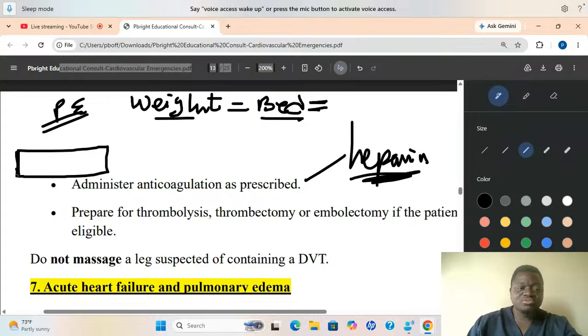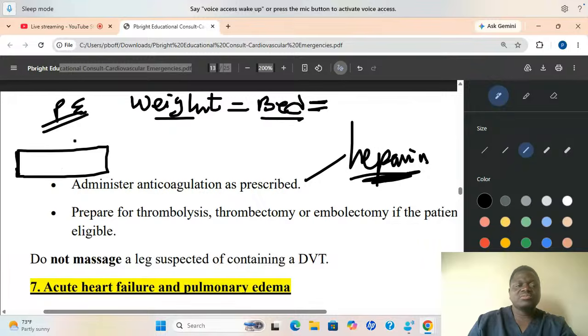Every ER or ED you go to has an emergency room that is always ready, like the theater is always ready for emergencies. So the bed there should have an internal weight scale, so even if the patient is unconscious, we can still get the weight.